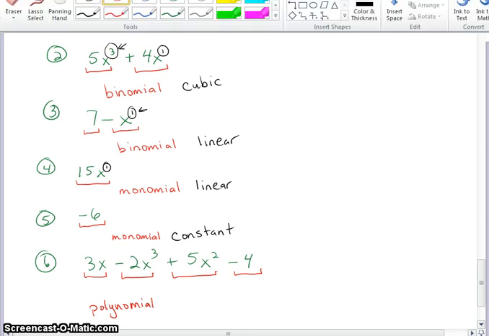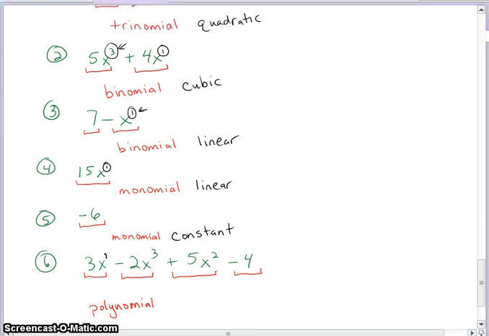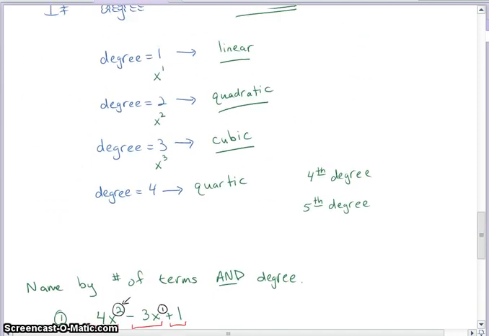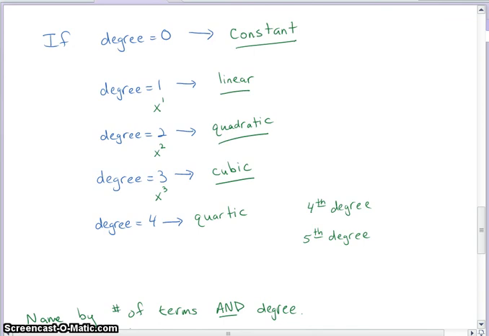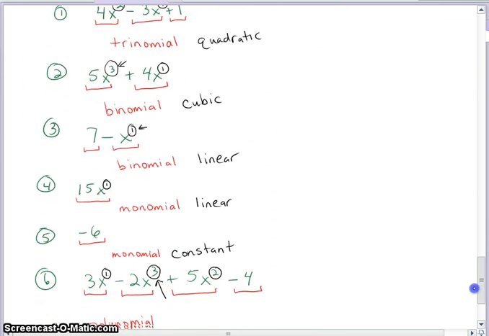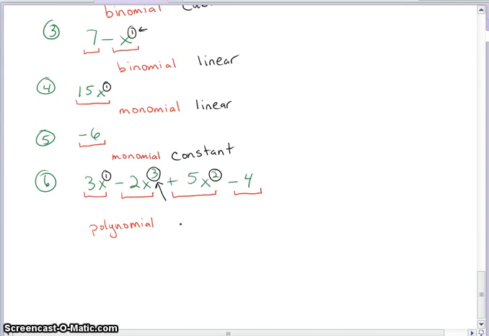Then I'm looking for what's the highest degree. There's a 1, 3, 2. So 3 is the highest degree. So when I have degree 3, that means it is called a cubic. So this is a polynomial that's a cubic, or you can say a cubic polynomial, your choice.